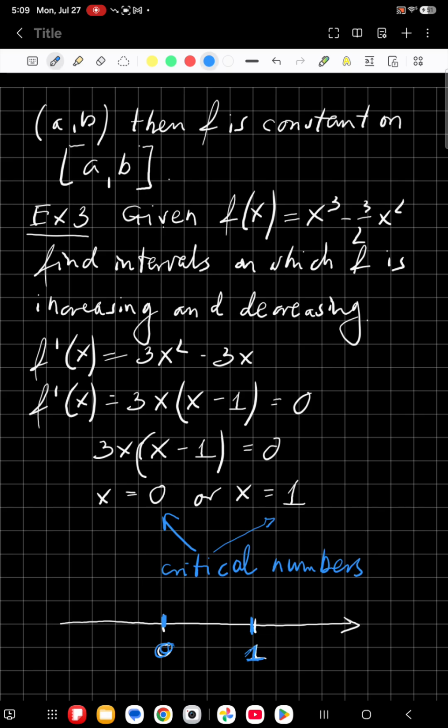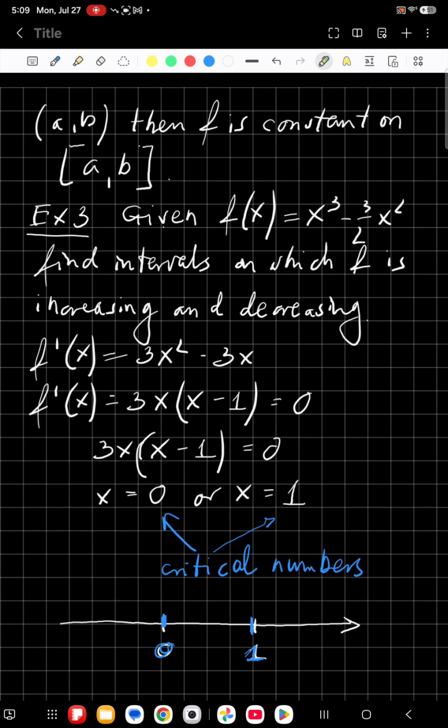So now we created 3 intervals. So we have this one, and this one. And the only thing we have to do is figure out what the sign of that first derivative is in this interval, and this interval.